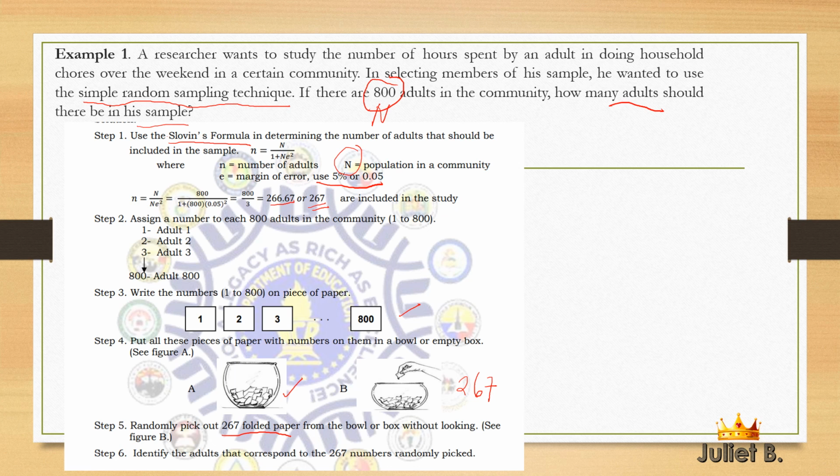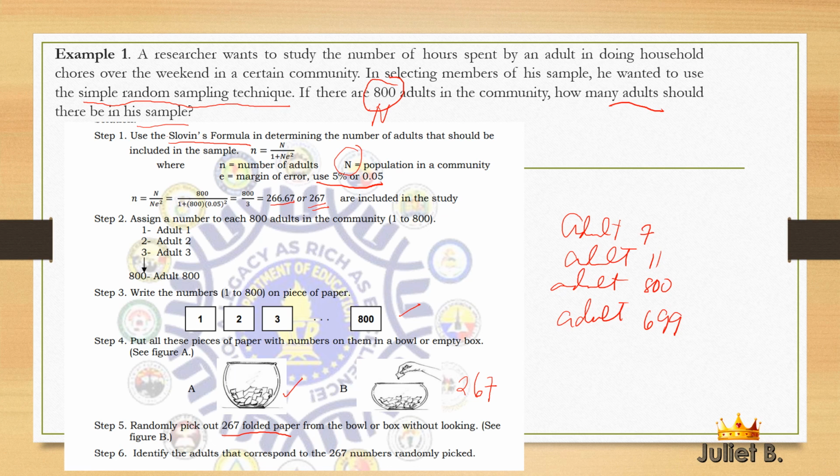Kunyari, nabunot niya si adult 7. Pwede namang si adult 11. Pwede rin agad umabot kay adult 800 or adult 699. So, ganon.